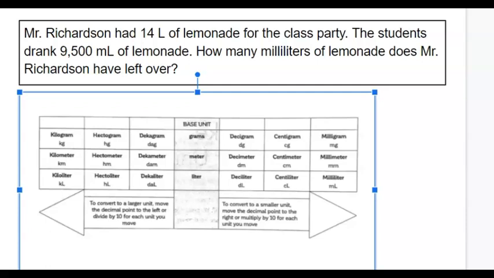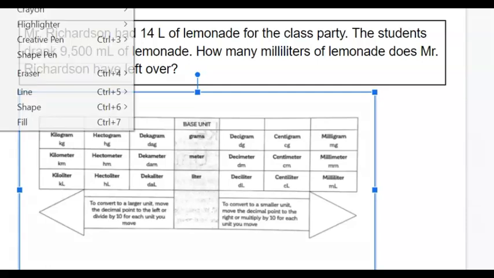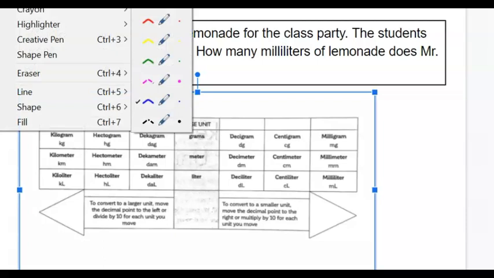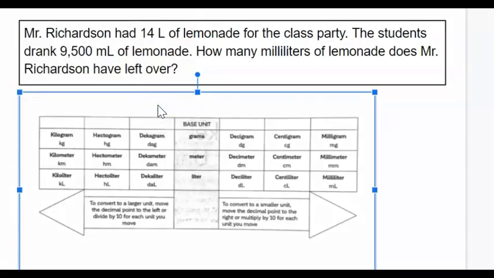So I'm noticing that I'm looking at two different units of measurement. I'm looking at liters and milliliters. So liters are here, and where are milliliters? Right here. So I have to convert this.